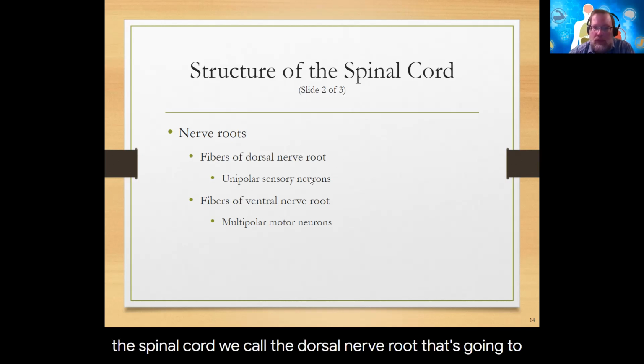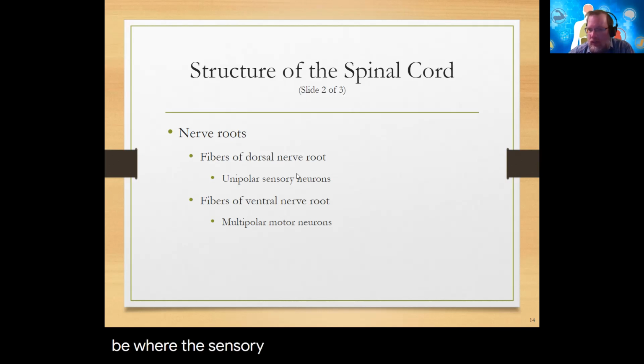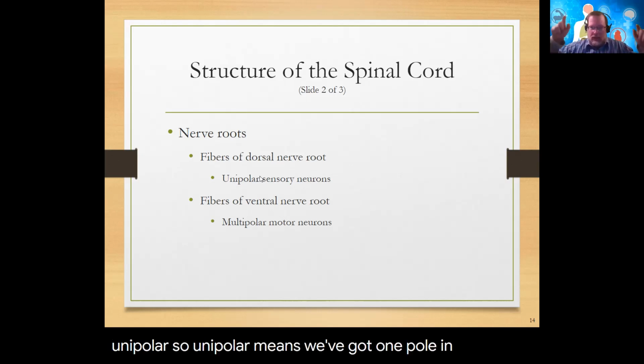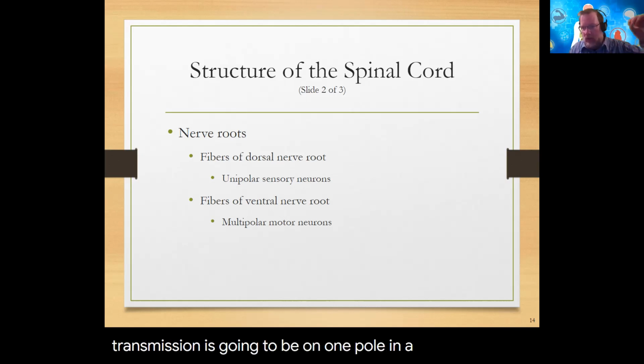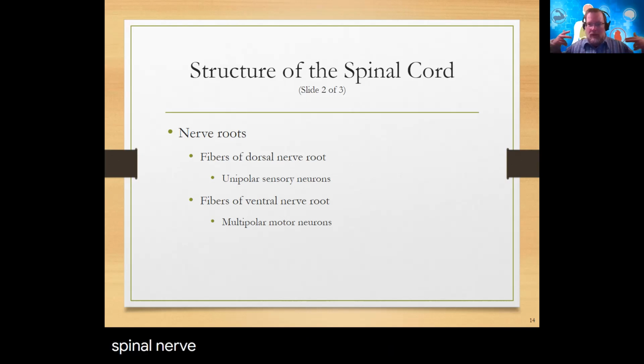That's going to be where the sensory neurons are located. Unipolar. So unipolar means we've got one pole. In other words, I touch something hot, I need that stimulus transmitted extremely fast to the spinal cord. And that transmission is going to be on one pole, going to head straight through the back door and the dorsal root of whatever spinal nerve the stimulus comes in from.